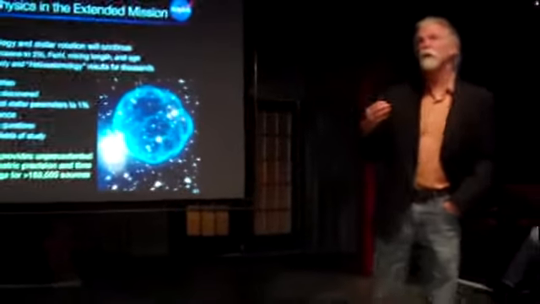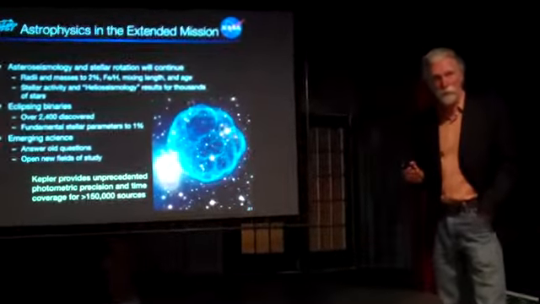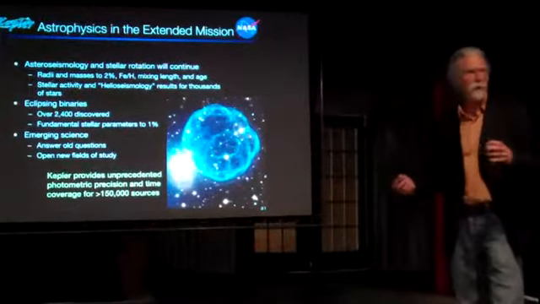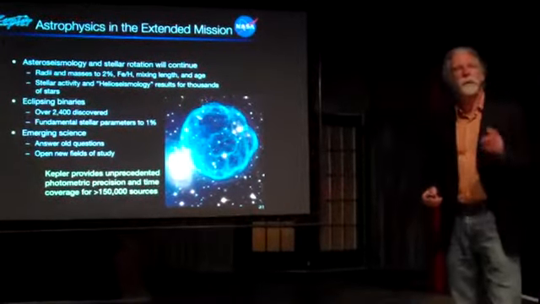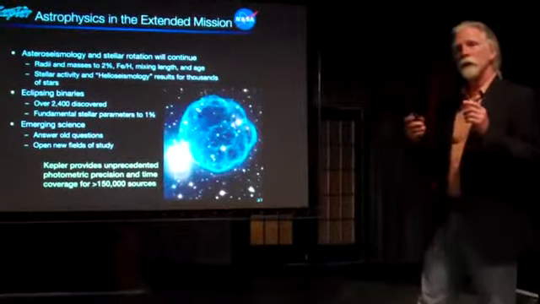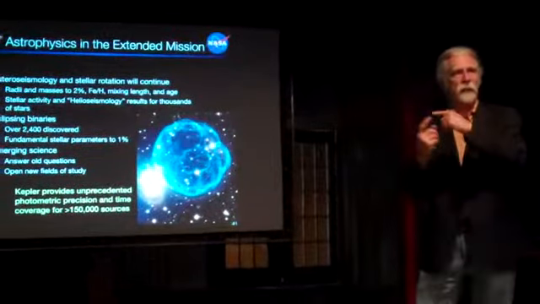And while we knew about lots of eclipsing binaries before Kepler was launched, so it's not really so exciting that there's 2,400 new ones. That's a big number, that's a lot of them. But the exciting part is Kepler can observe these objects and get measurements of the brightness changes of these objects as one star eclipses the other.